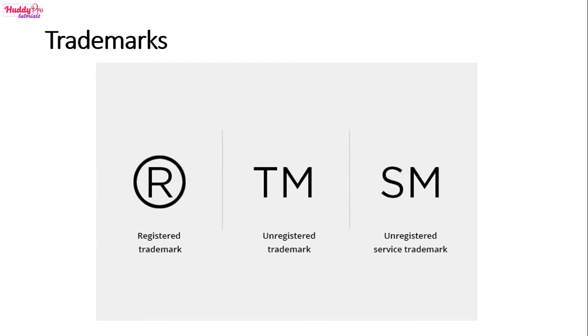So most of us have already seen these. You see this R encircled, you normally see TM, sometimes still there is a circle, and then SM. So R with that circle simply means a registered trademark, and this means unregistered trademark, and this means unregistered service trademark.